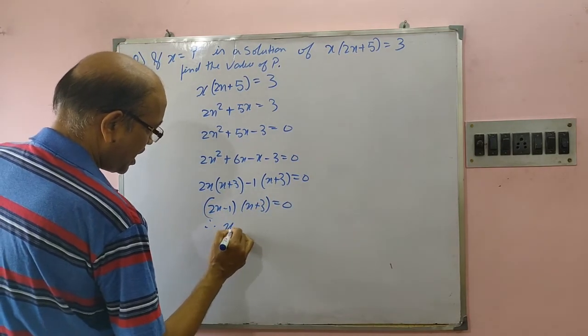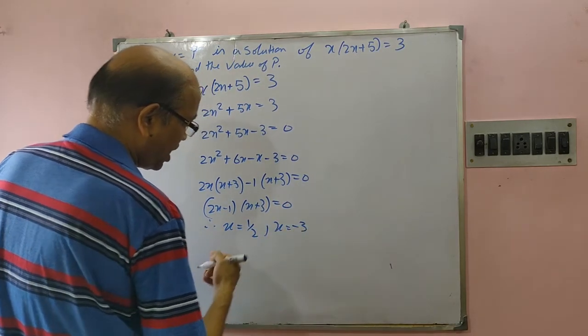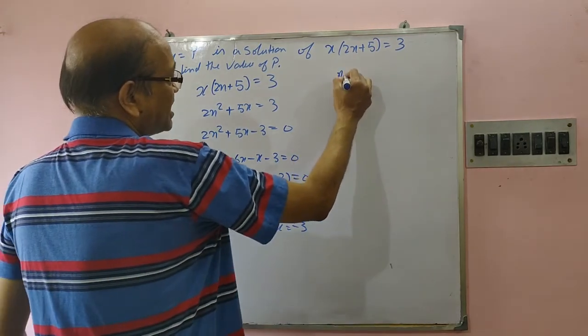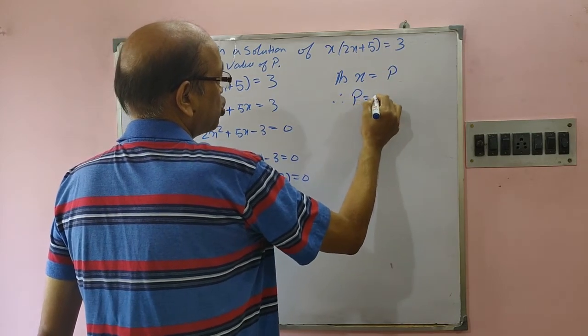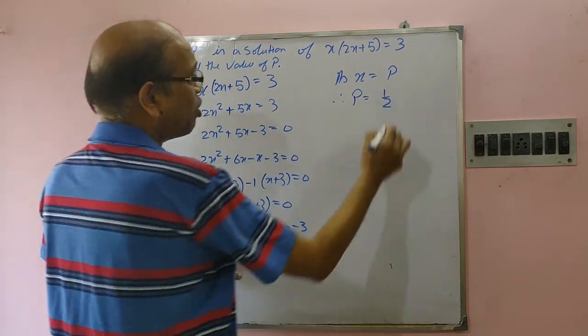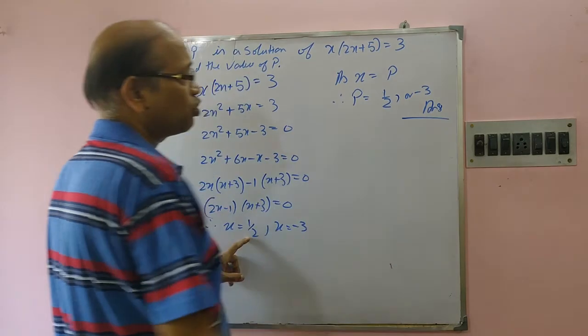Therefore either x equals to half or x equals to minus 3. As x equals to p, therefore p is equals to half or minus 3. This is the answer. Note down.